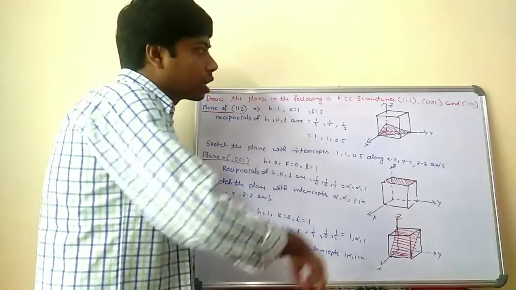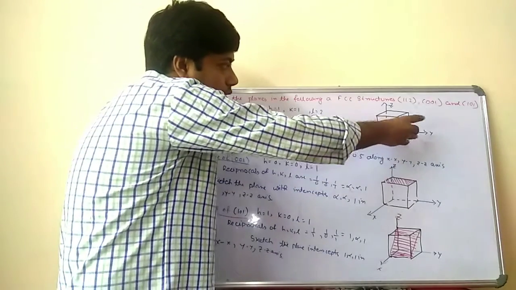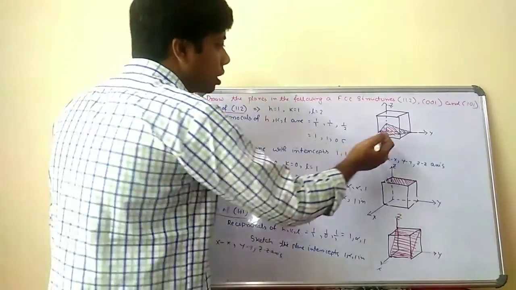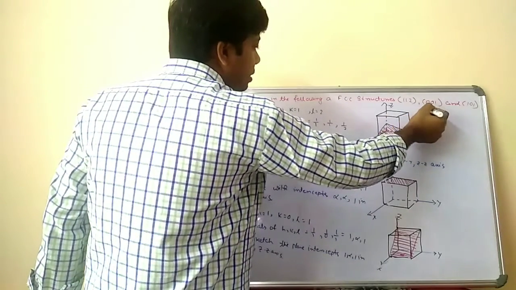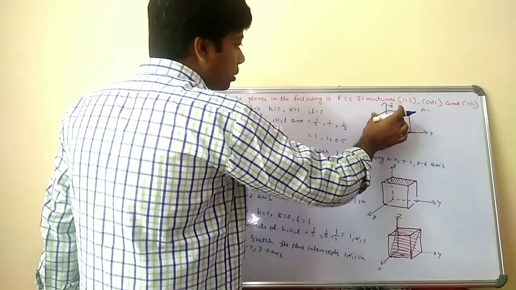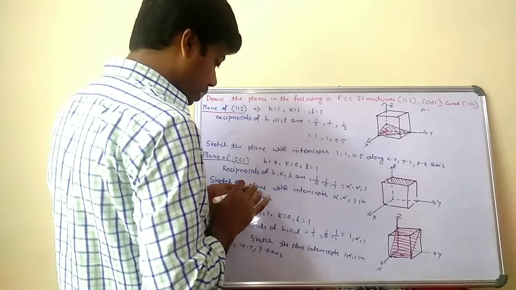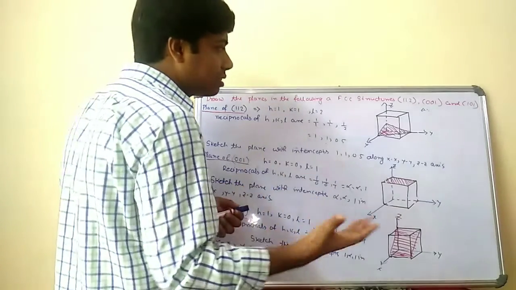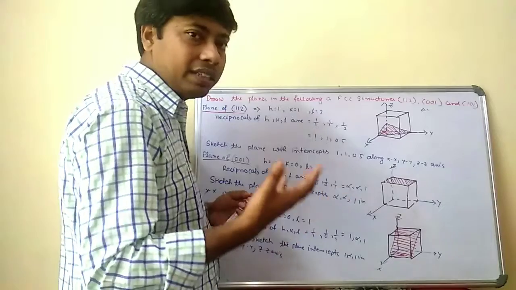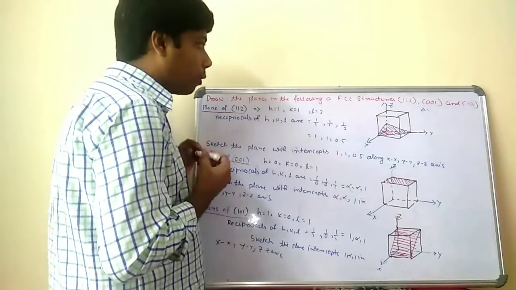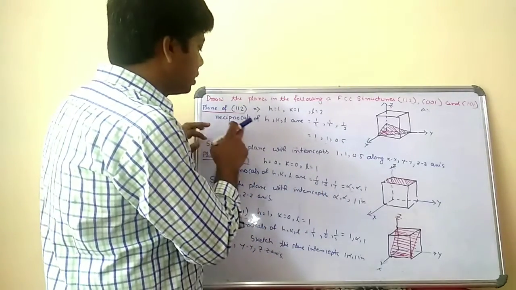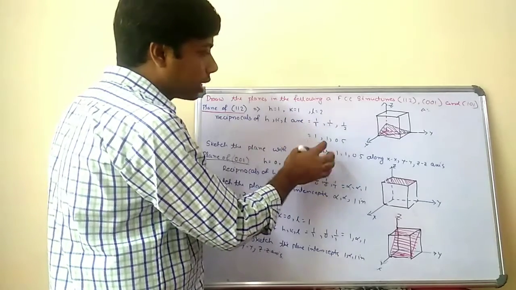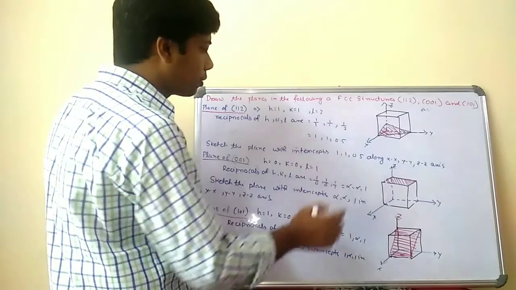Okay, so this is the XYZ plane and this is the cube section, in which A is the same, means the length of the cube for each side of X, Y and Z is the same. Now here the reciprocal is 1 by 1 comma 1 by 1 comma 1 by 2, equal to 1 comma 1 comma 0.5.